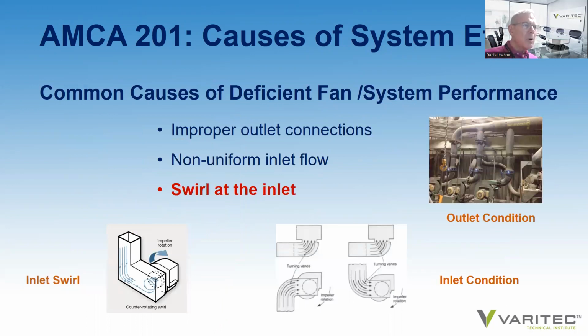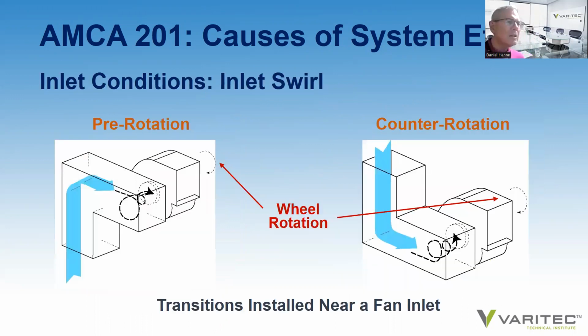And then there's swirl at the inlet. What is swirl at the inlet? If you look at a transition that might be close to the inlet of an exhaust fan, and it's necessary due to architectural restrictions, at least minimize the effect. You want to make sure as the air moves around a transition that it's moving in the general direction of the rotation of the wheel so that the wheel can more effectively pick up the air as it's entering the inlet of the fan.